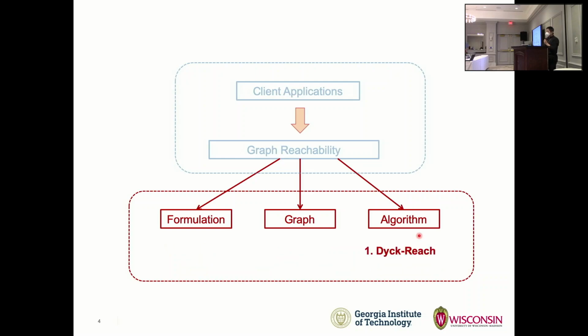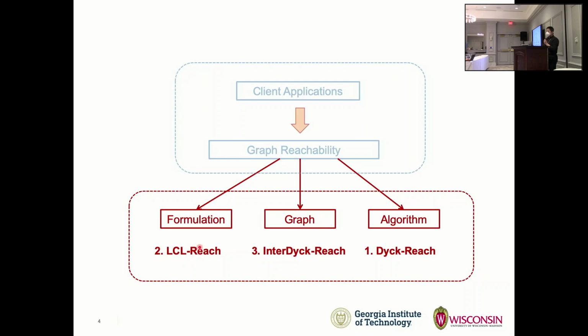So in the second half of the tutorial, we are going to focus on three formal language reachability problem instances. In particular, first, we will begin our journey with the Dyck-reachability problem, and we will be discussing an asymptotically fast algorithm for solving the Dyck-reachability problem. And then we will be moving on to talk about the formulation.